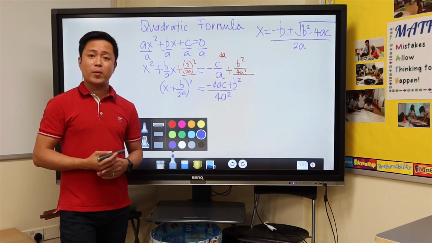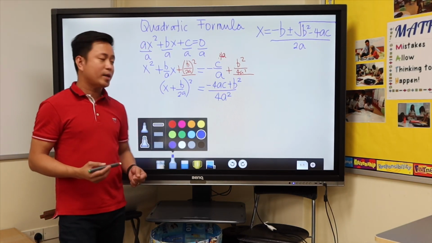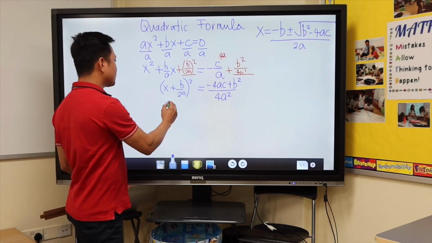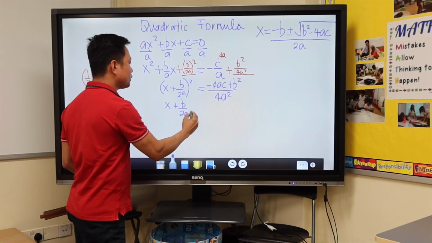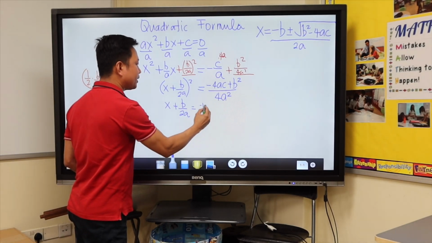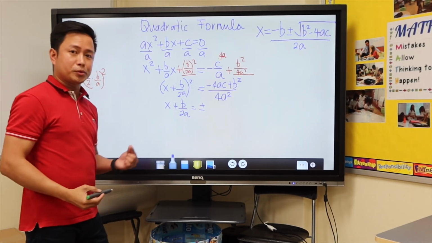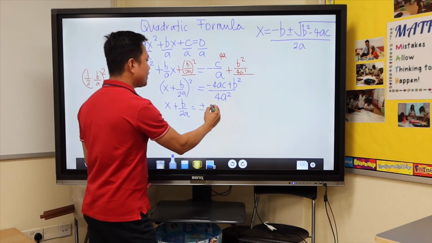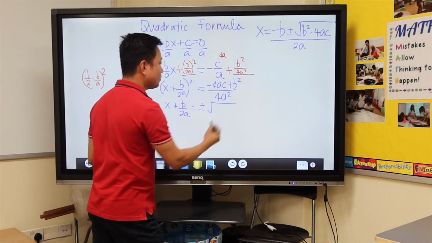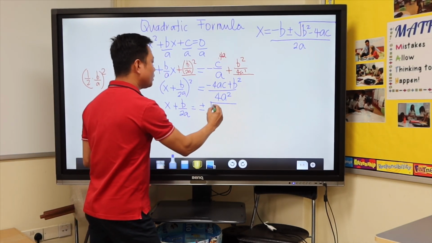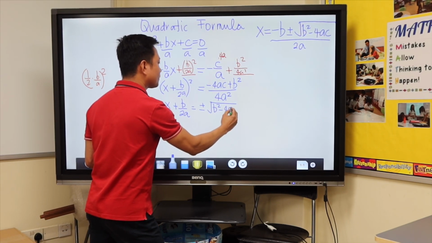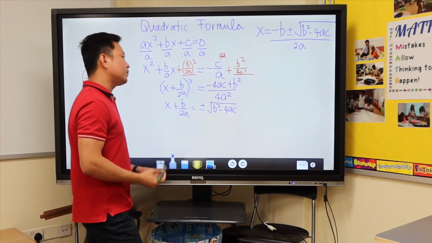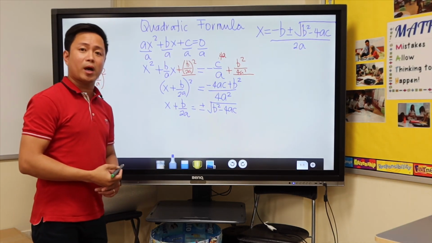Now we need to get the square root of both sides, and when we do that, we will have x plus b over 2a is equal to plus or minus the square root of the numerator. And that square root of the numerator cannot be simplified, and I will rewrite it as b squared minus 4ac. It's the same thing as negative 4ac plus b squared.